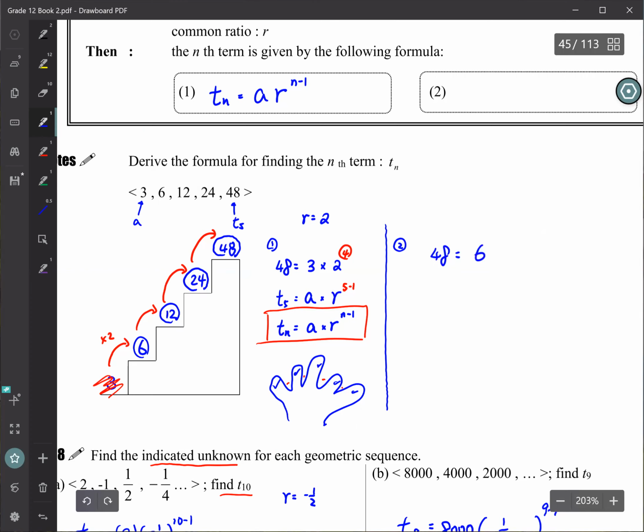Actually, I want to change. I want to start with the third term, so then you don't get confused with the numbers. Start at T3.